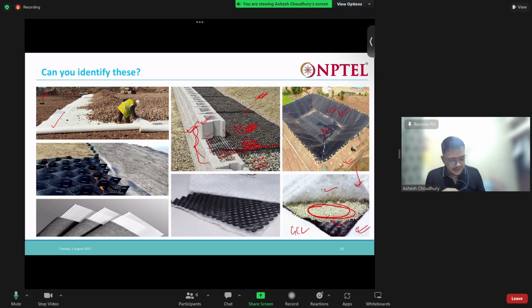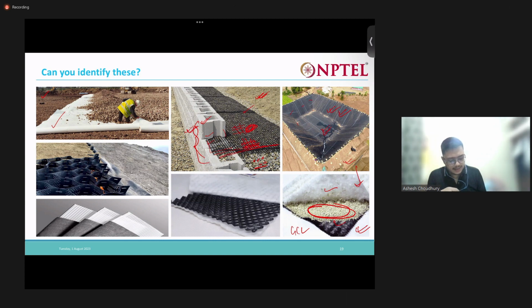So that the harmful material here does not contaminate the good ground beside it, does not leach into the ground below it or beside it, or damage the groundwater below. So that's why we use this geomembrane or a geosynthetic clay liner. Both of these are used as a barrier.